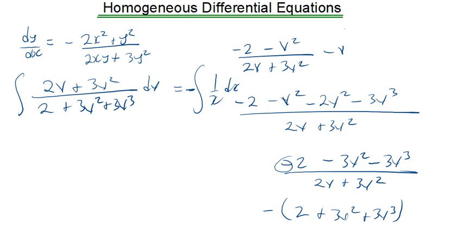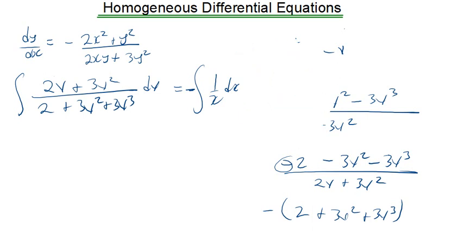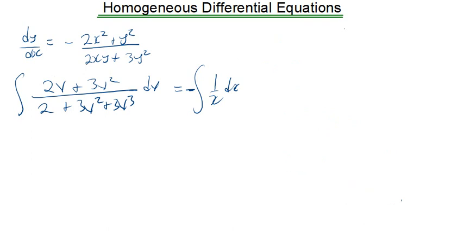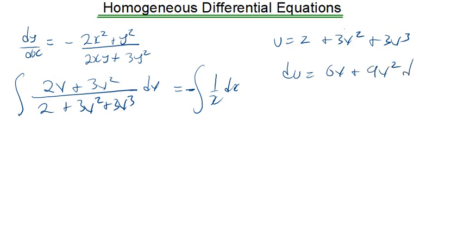So once again, we can now utilize u substitution for the left hand side. So u will be equal to 2 plus 3v squared plus 3v to the power 3. So your du will be equal to 6v plus 9v squared dv.